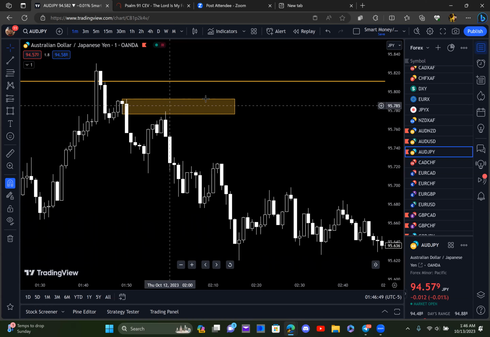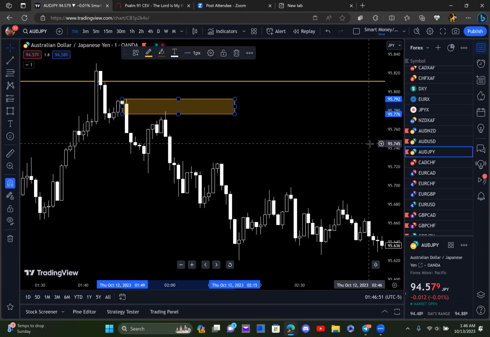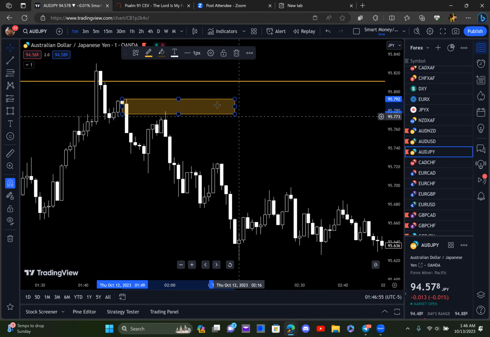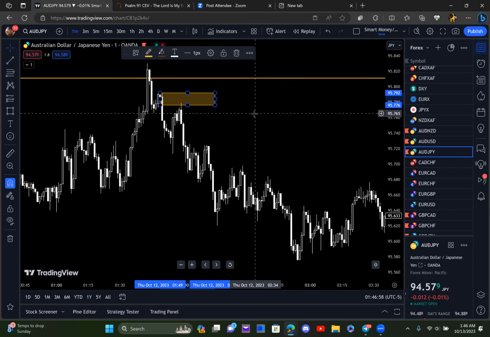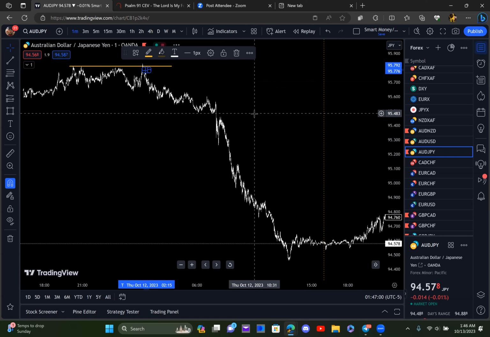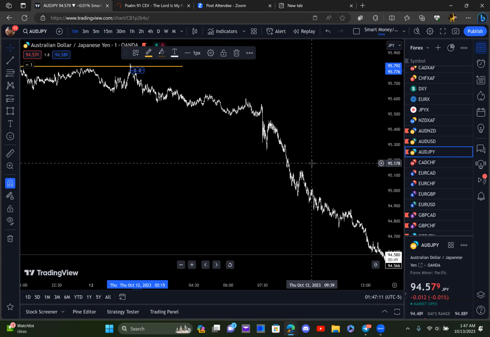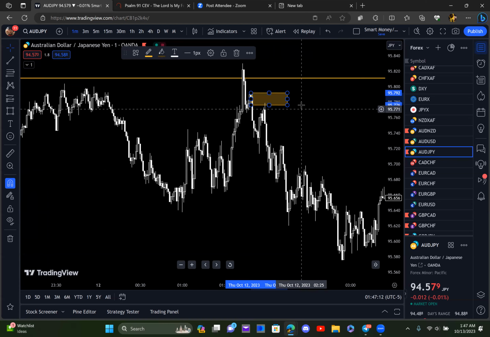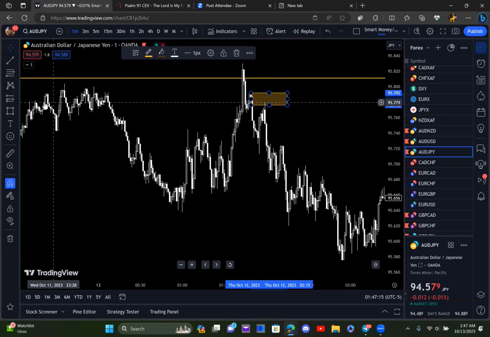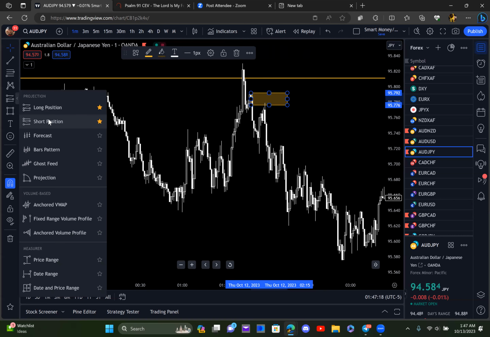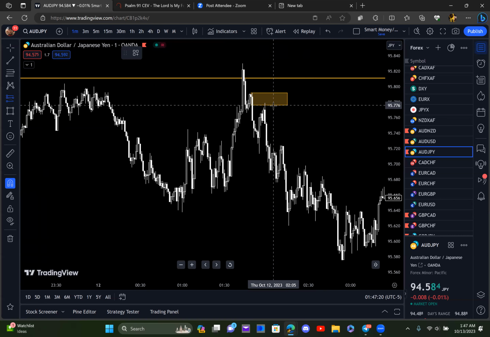Look, spiked it. How big is this? Less than 2 pips. 1.6 pips. 1.6. And then look where price went. All the way down here to 94.5. 129 pips. 129 pips with a 1.6 pip stop loss. I think it's 1.6. Hold on. Let me see. I'm about to measure.